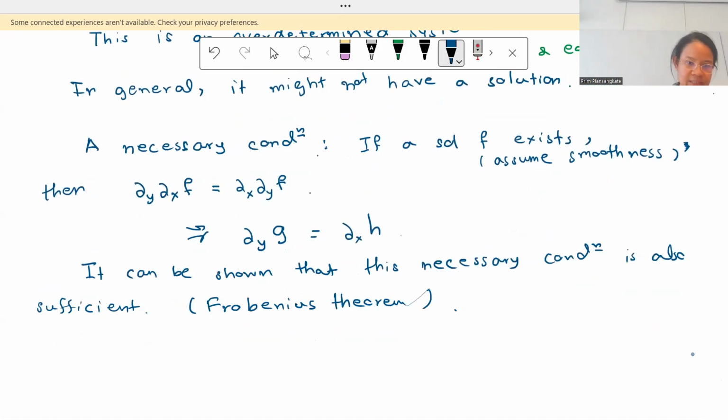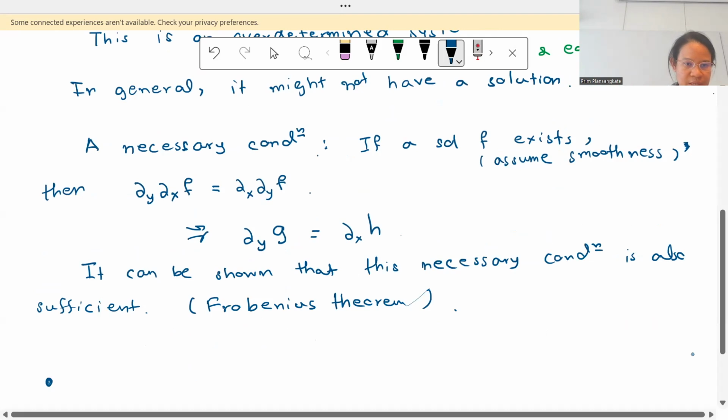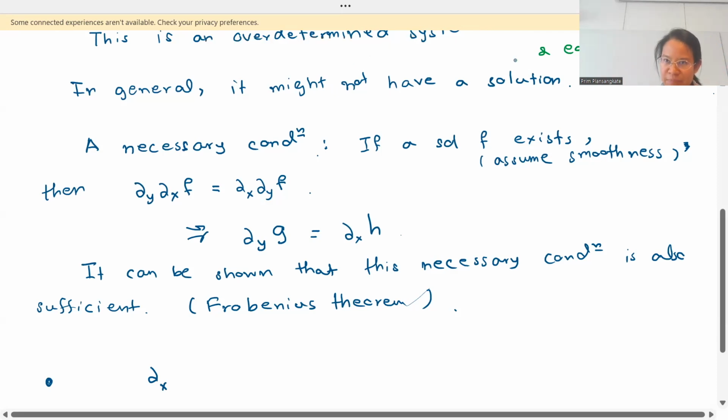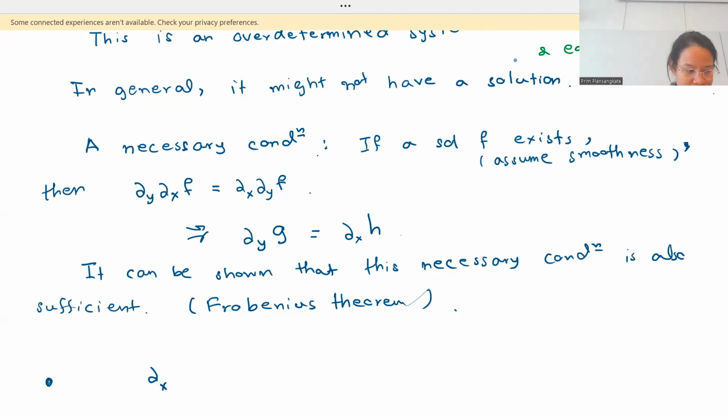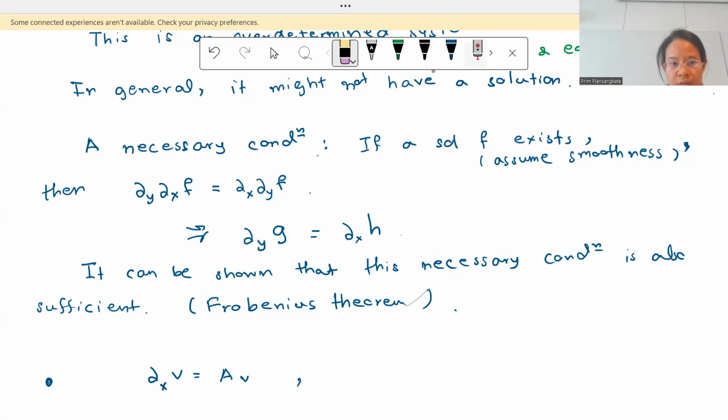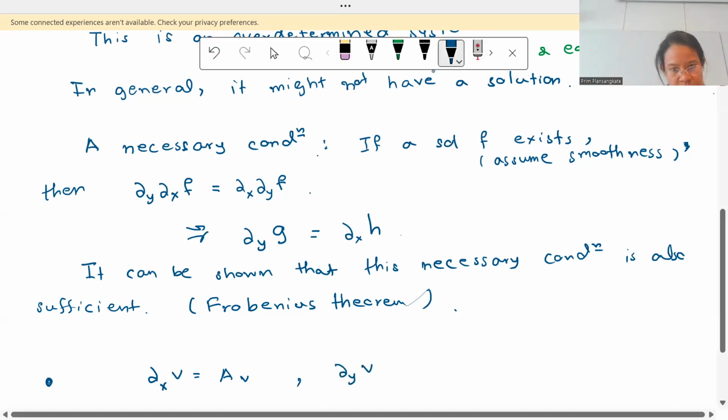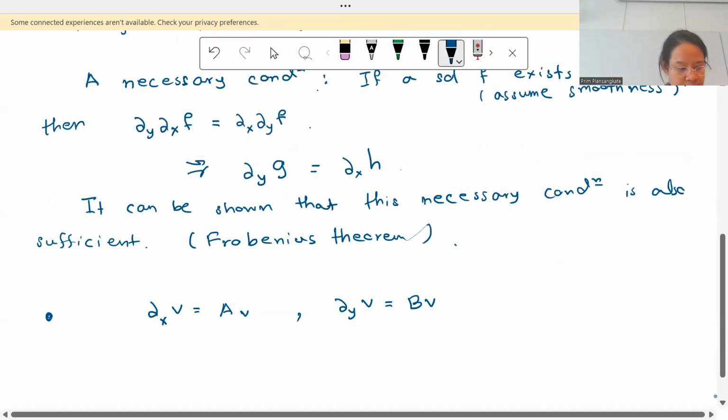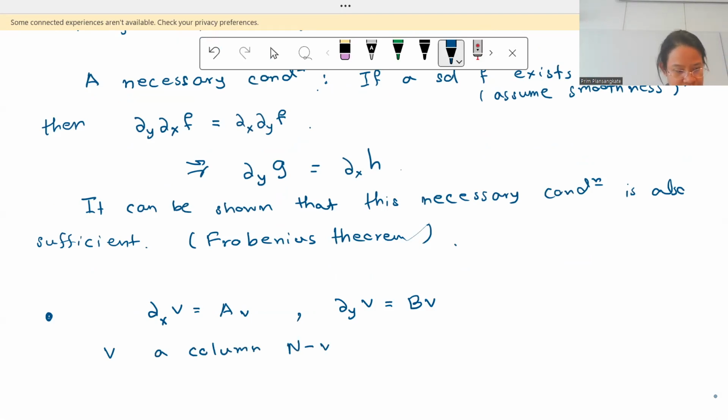And things are similar if I change it to a system of PDE for vectors and matrices, which is what we would have for our connection, the anti-self-dual Yang-Mills equation. Right? So if you consider this system, v is a column n-vector, so you have n components, and A and B are n by n matrices.